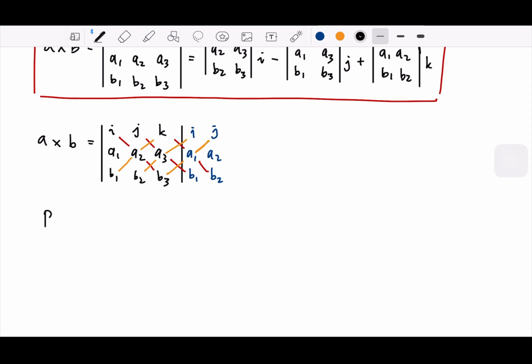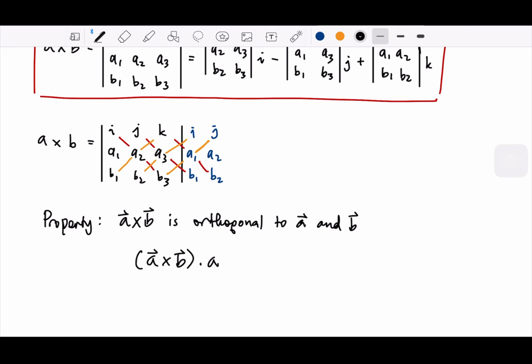So the property for cross product is that A cross B is orthogonal to A and B. Of course, we can set up some calculations if you like, that maybe we start with A cross B and then dot with vector A. And this is supposed to be 0, and you can try that as well.